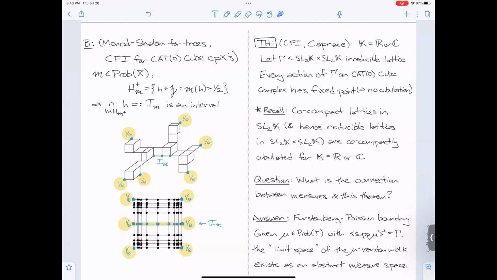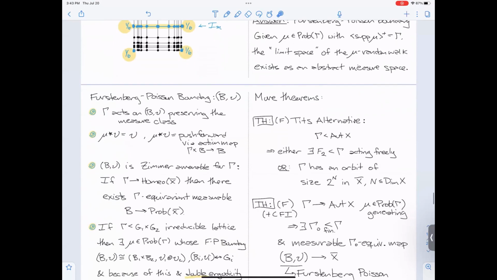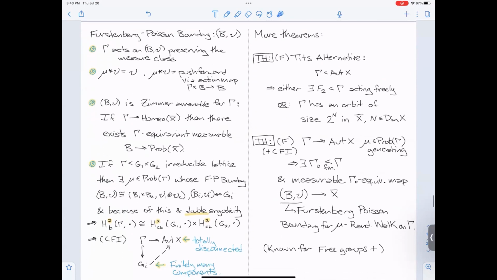If that's not the case, you just pass to the subgroup that it generates, so that's not a real assumption. And the Furstenberg-Poisson boundary is, in some sense, the limits of the random walks. So that space is an abstract measure space, and then we try to find models of it via some sort of geometry. That's like a loose sketch of a direction that you might want to go.